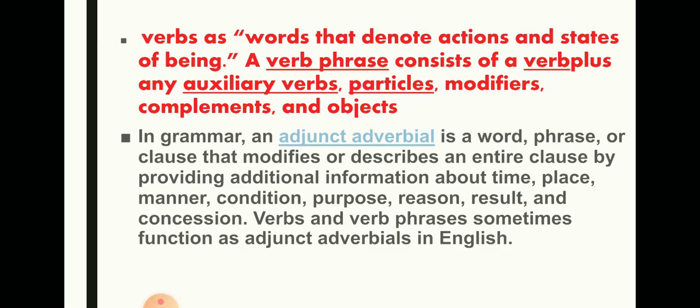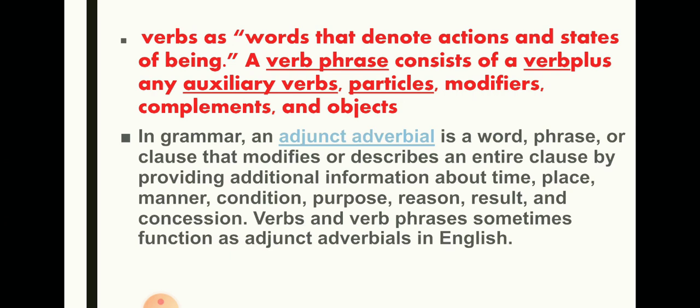Okay, so what is a verb? We know that verbs are words that denote action and states of being. So that is something denoting an action. A verb phrase consists of a verb plus any auxiliary verb, a particle, a modifier, complements and object.